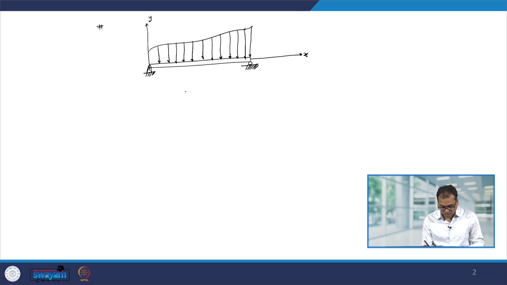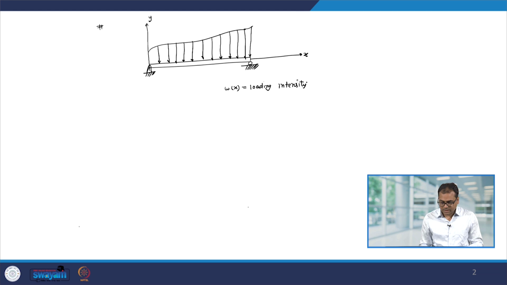Let us say the load per unit length, which is called the loading intensity, is W. So, W as a function of x, which is a continuous function, is the loading intensity.